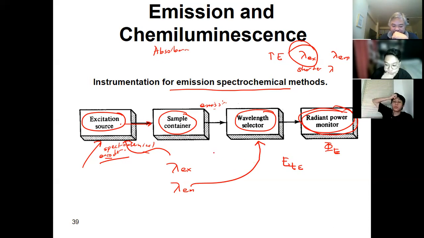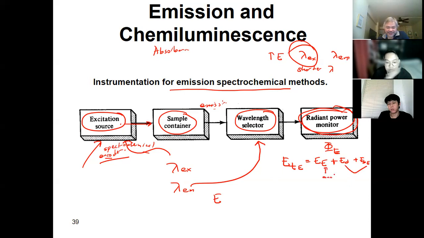So if we're going to look at this one, we could say ETE, that's the total emission that we have there. So this is equals to what? Sabi ko nga, EE, ED, and EBE. So ito na yung kasama yung tinatawag nating extraneous signal. Ito yung analytical signal.